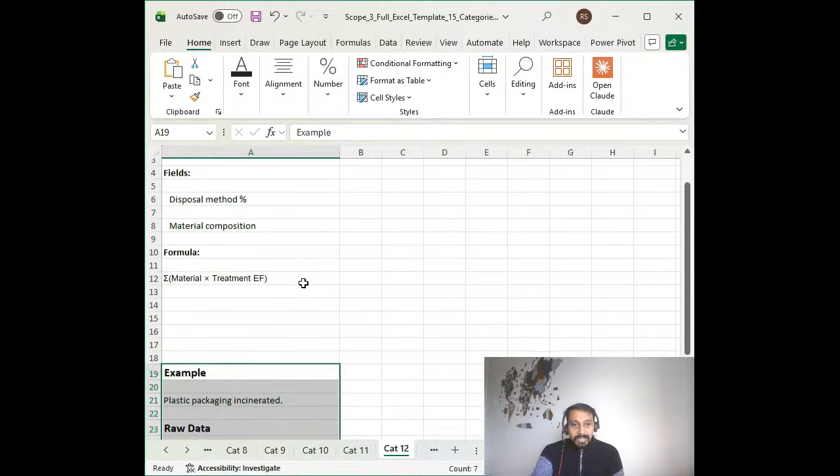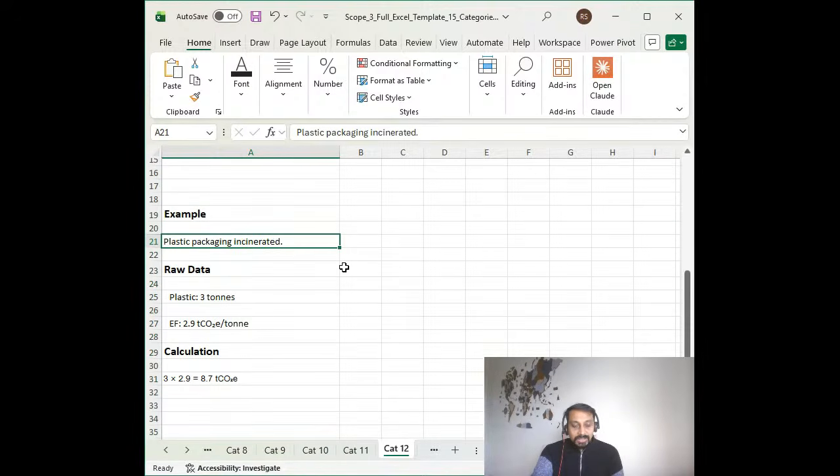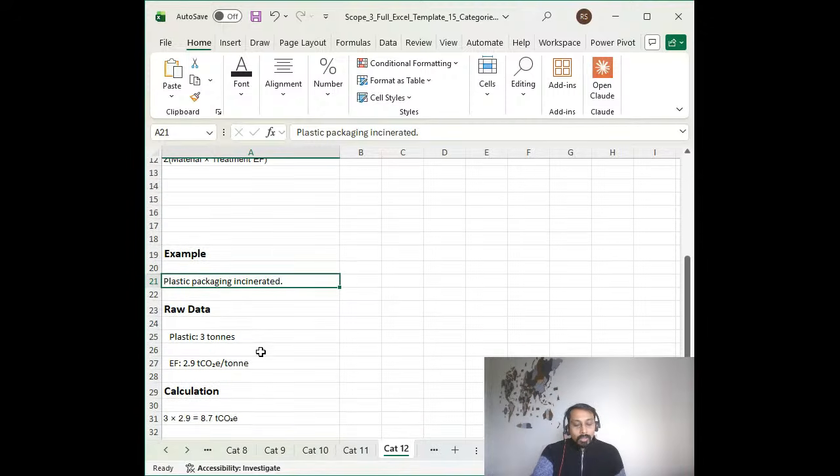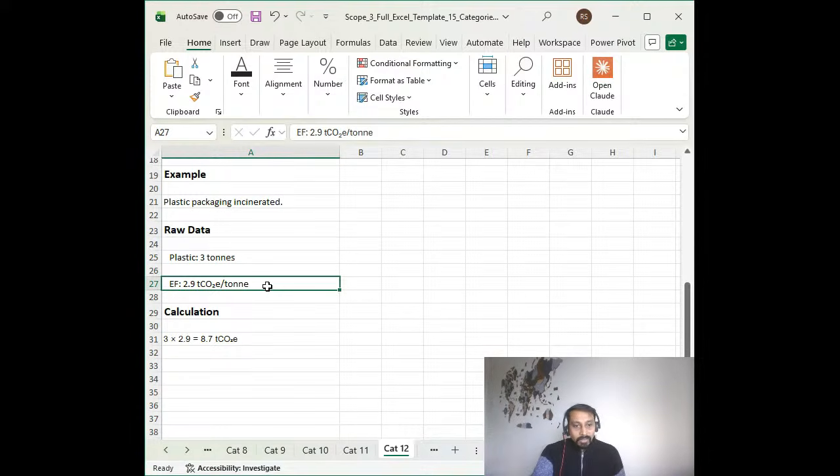For category 12, which is end of life treatment, we are taking the example of plastic packaging which is incinerated. In one of the earlier categories, when we did waste treatment, we also took the example of landfill. Here the raw data will be plastics, 3 tons utilized, and the emissions factor is 2.9 tons of CO2 equivalent.